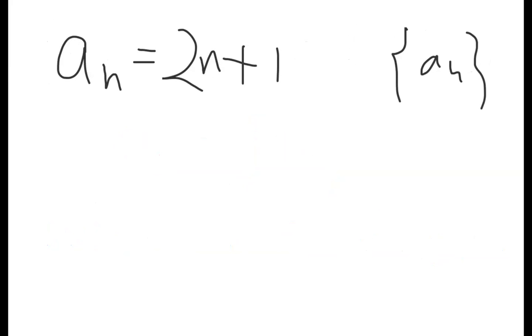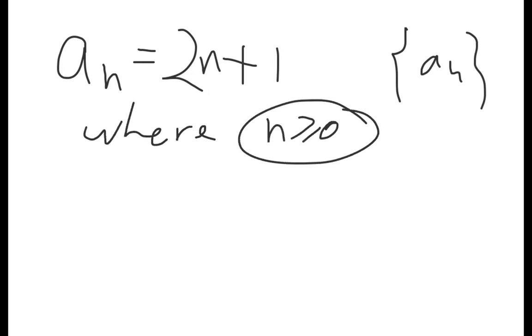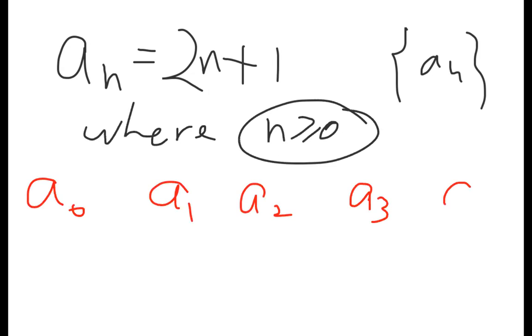Let's see what are the first 5 terms, where you begin from 0. So the first 5 terms are a0, a1, a2, a3, and a4.